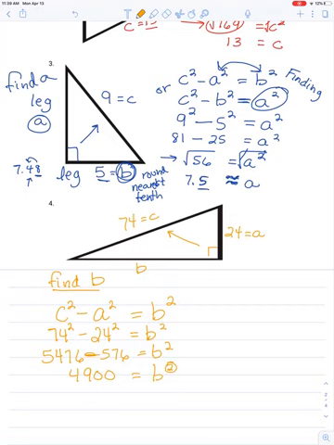Inverse operation of squared, so cancels. Inverse operation. So when we take the square root of 4,900, hopefully you see that that's a perfect square. Square root of 49 is 7, but we want 4,900, so that's going to be 70 equals b. Again, do a quick check. I have 70 and 24 as my sides, so hopefully my hypotenuse is the longest side, which it is. Okay, hopefully that helped you with Pythagorean theorem.